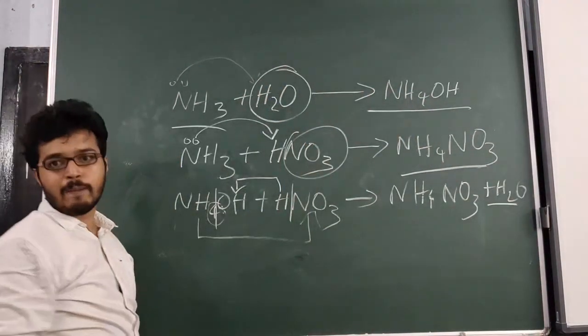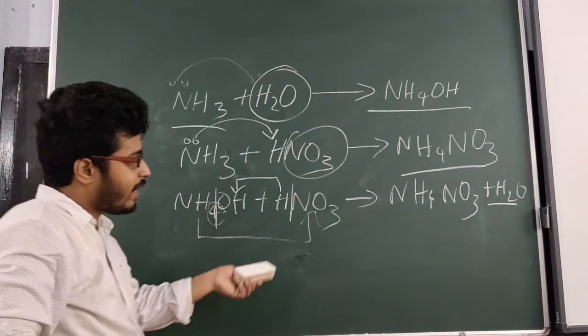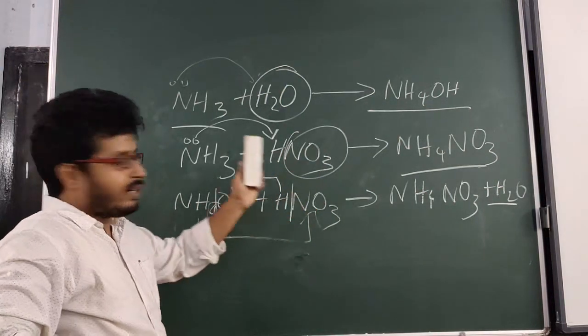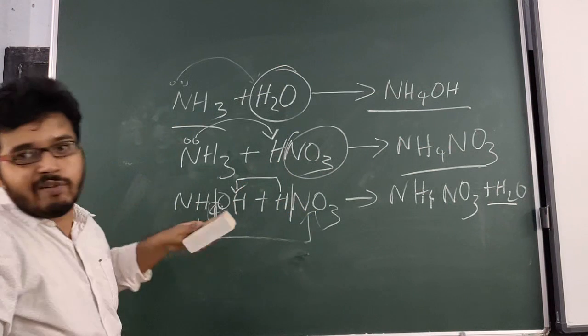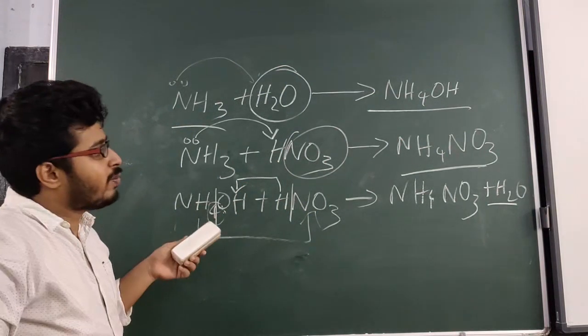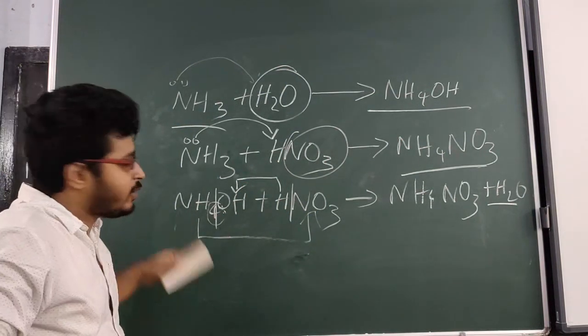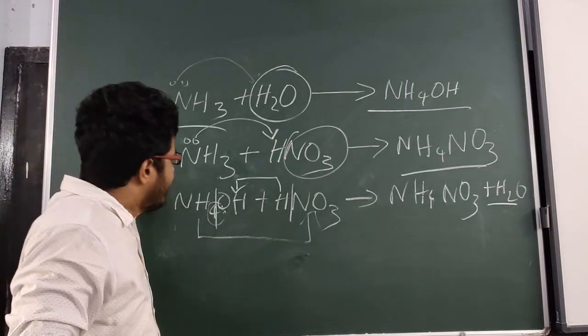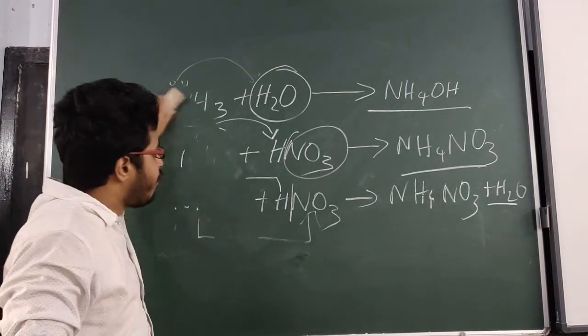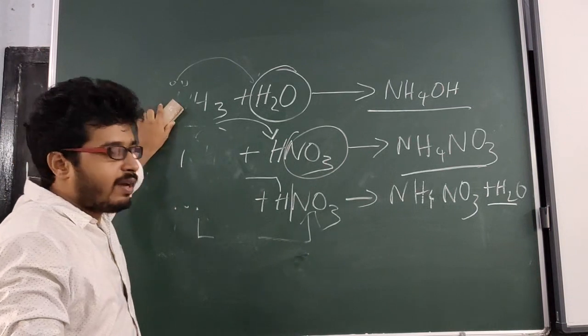So the product difference between ammonia and ammonium hydroxide is one H2O, which will be there in the case of NH4OH, but it won't be there for ammonia. We will try some more reactions of ammonia and ammonium hydroxide.